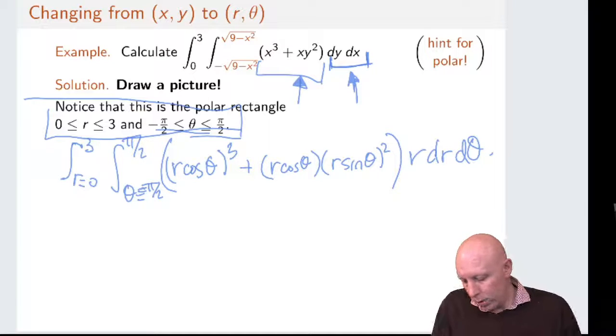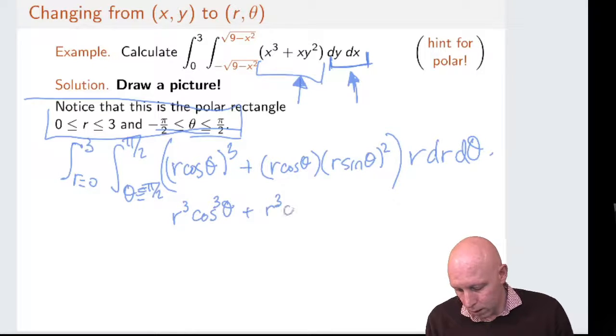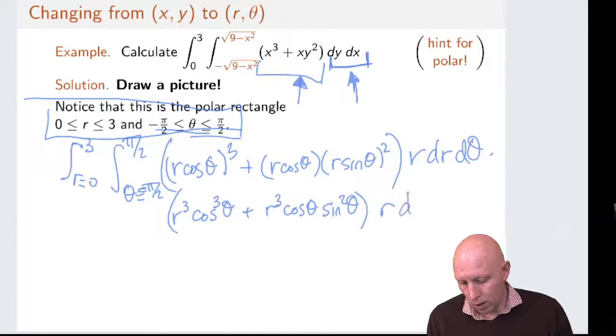Okay, and so let's simplify this. What do we get? We have an r cubed cosine cubed theta, plus r cubed cosine theta sine squared theta, all times r dr d theta.